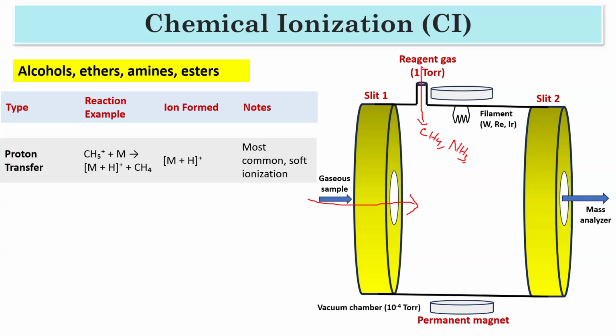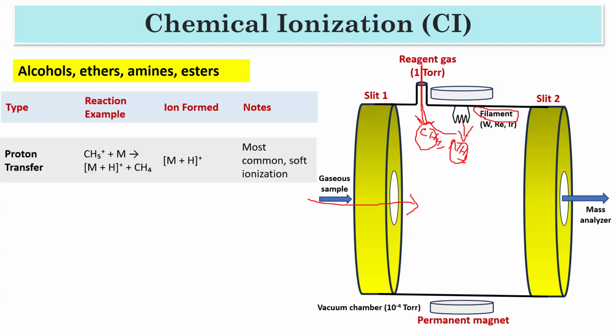Now what will happen? These gases are in large amount, and again you have a filament which releases electrons. So electrons will be released, and then these gases will be ionized because they are very small in size. They will be very easily ionized.